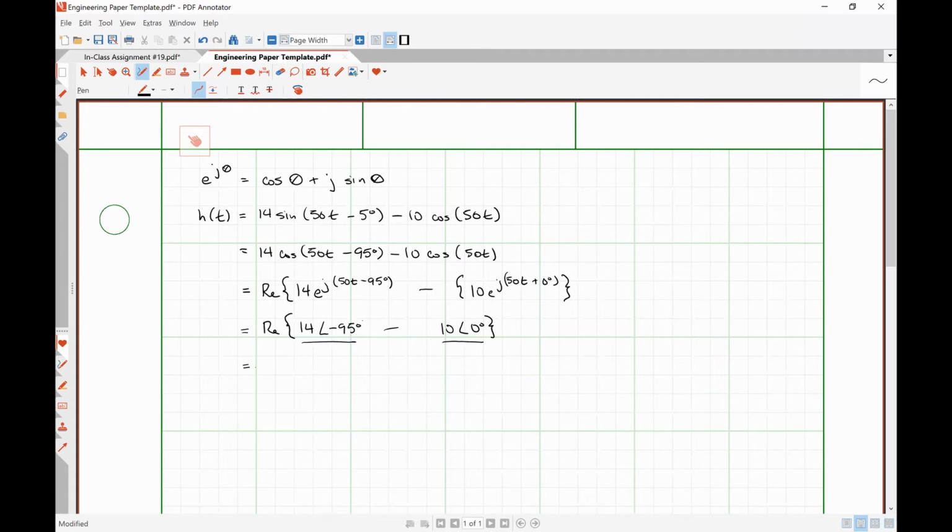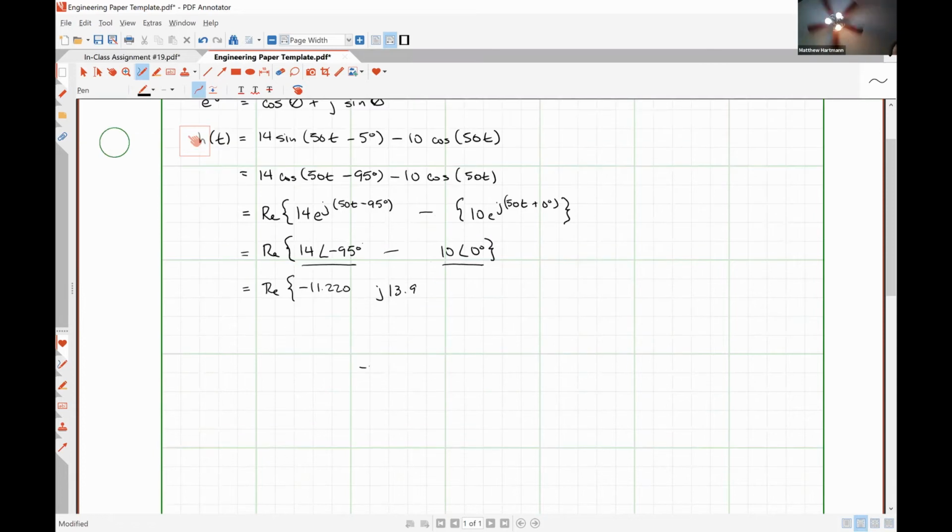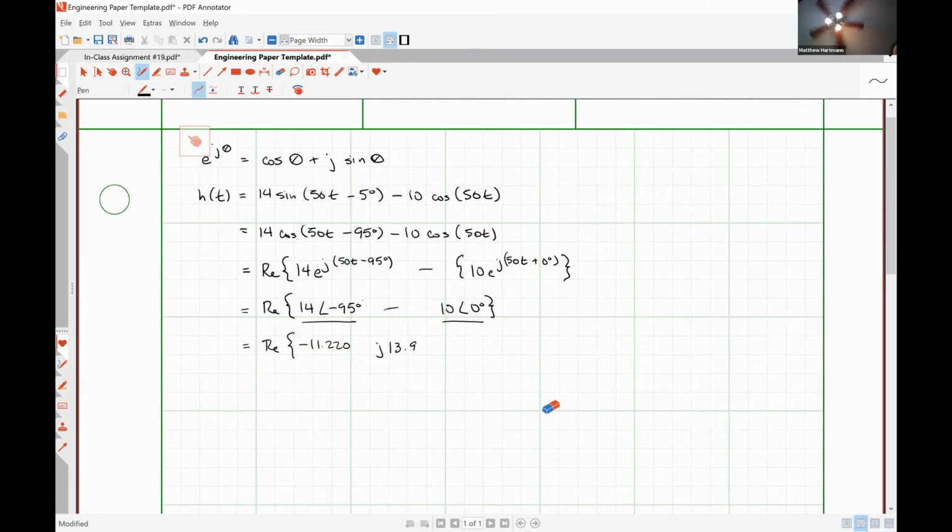I think this would be in rectangular form, so it's negative 11.22 minus 13.946 j.